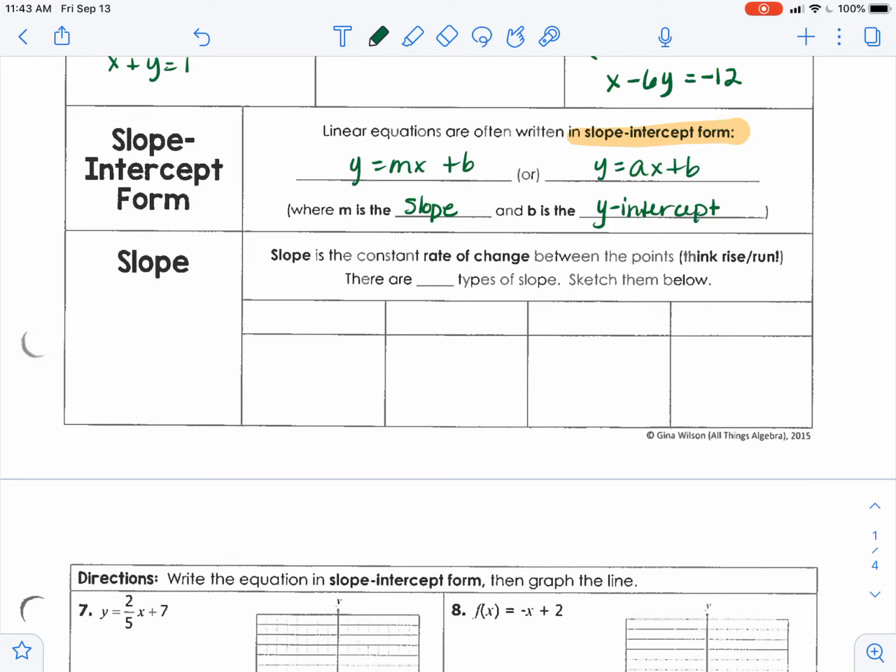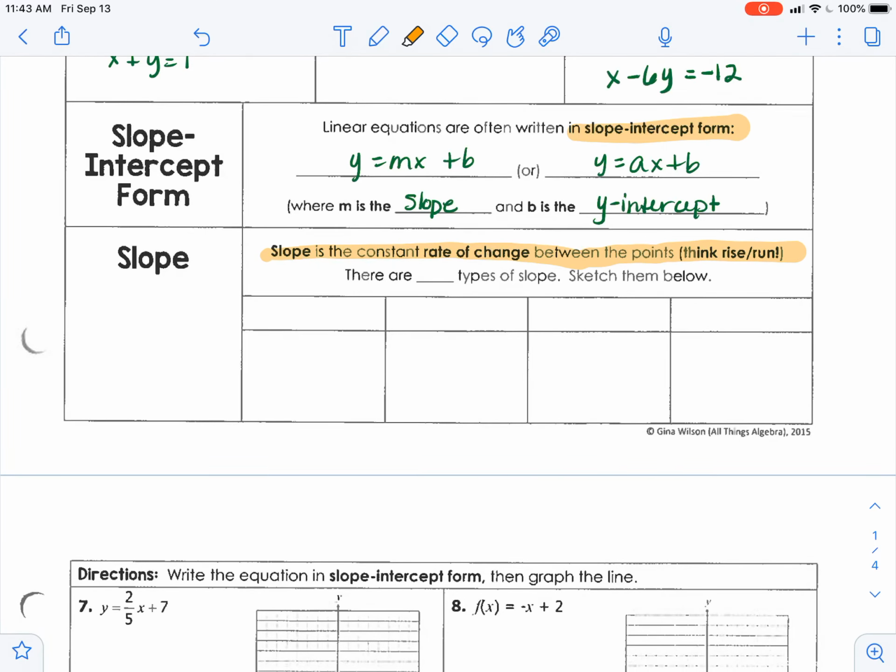Okay, so by definition, your slope is a constant rate of change between 2 points. We always think of it as rise over run. So when we are doing our graphing of all of our functions, we actually only have 2 functions that we talk about slope on. And those are our linear functions and our absolute value.